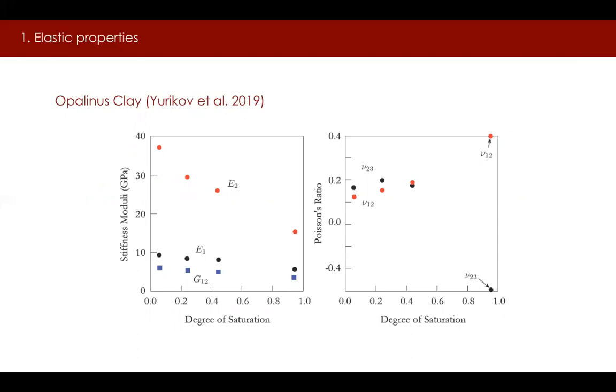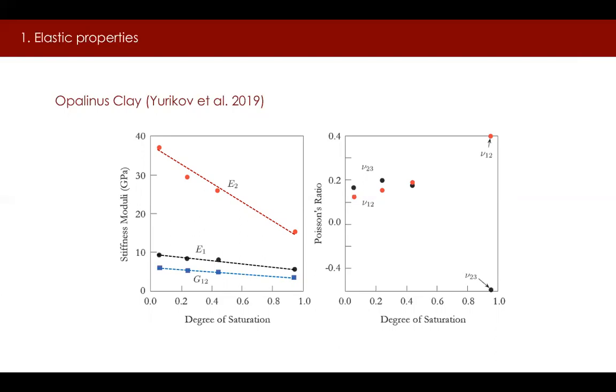Here, E1 is the modulus perpendicular to bedding, whereas E2 is the modulus parallel to bedding. We see that the variations of the stiffness moduli with degree of saturation are nearly linear, with E2 changing more significantly than the other stiffness moduli.